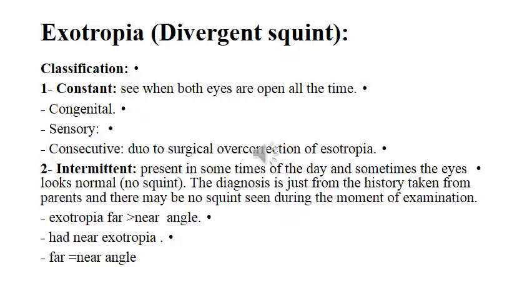So in esotropia, we do medial rectus recession, and in exotropia, we do lateral rectus recession. That's the difference between recession and resection. Recession is a weakening procedure and resection is a strengthening procedure.